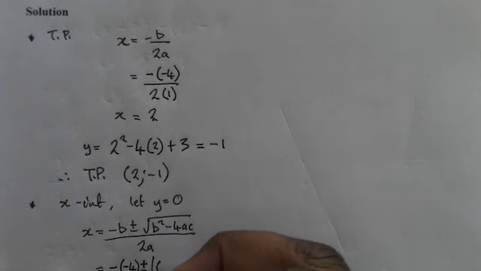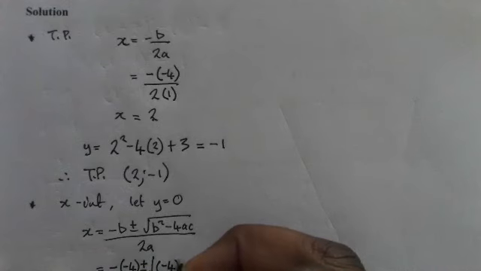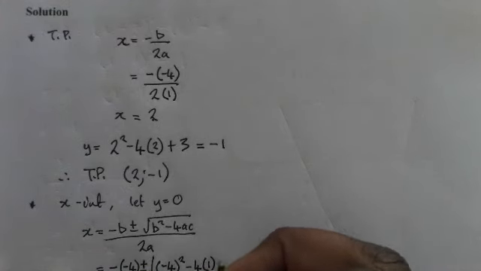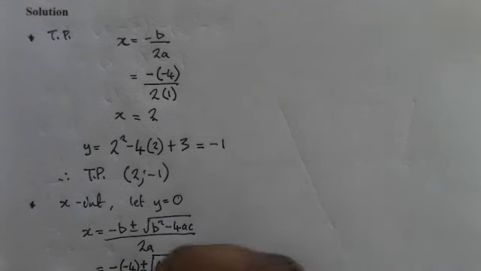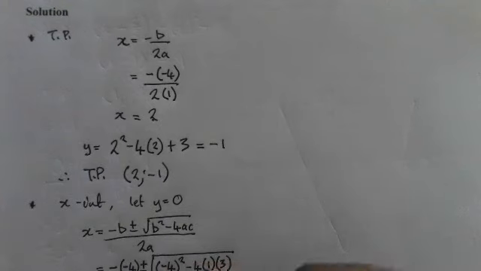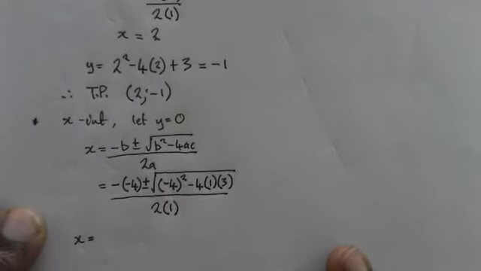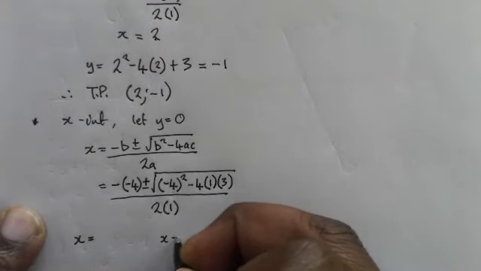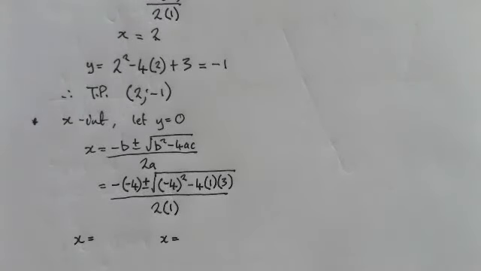Plus or minus the square root of, so B is negative 4 squared minus 4 by A, which is 1, C is 3. Divide that by 2 by A, which is 1. I think you know how to find this.